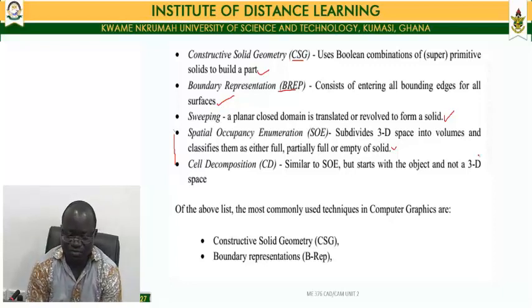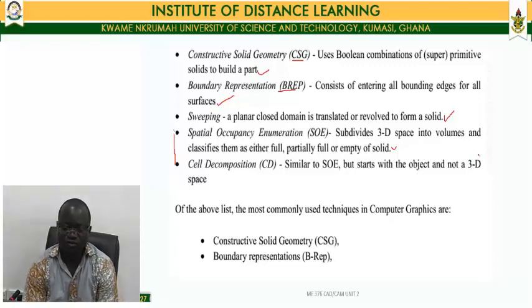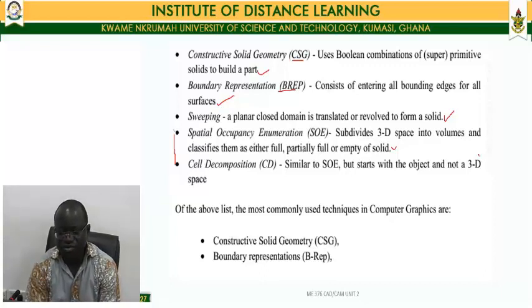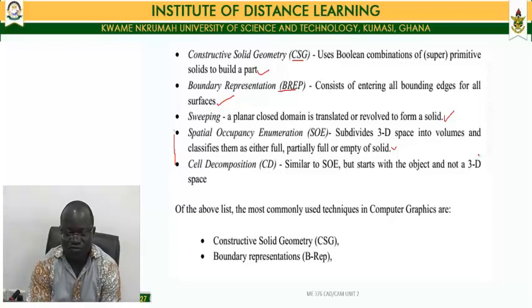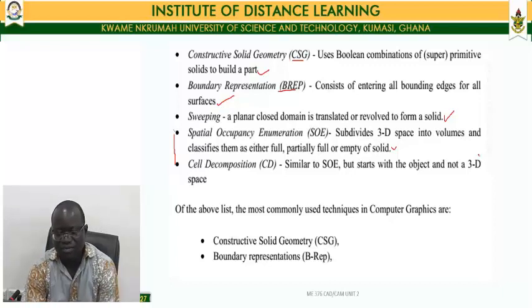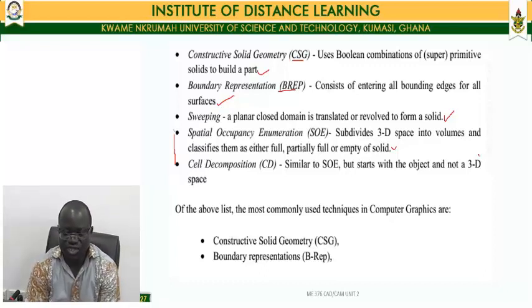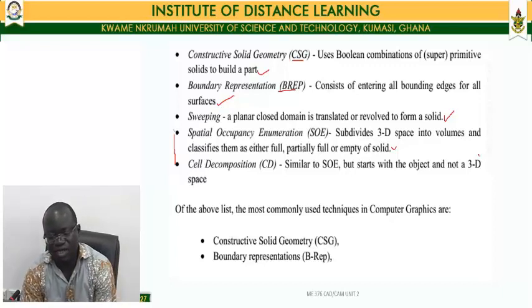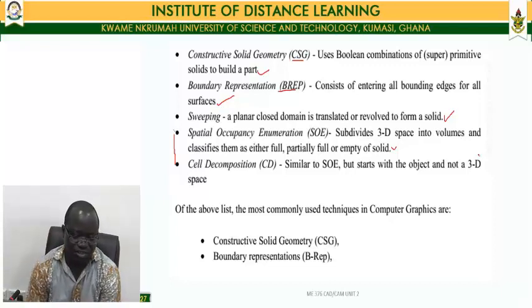Then, based on the complexity of the shape, you generate that complexity from the volumes. In some volumes the shape will occupy the whole volume, so that place will be full, but in some volumes the shape will only partially occupy it. So you have to distinguish between the volumes that are full and partially full, so that in the end you eventually generate that complex shape from the SOE, which is spatial occupancy enumeration.